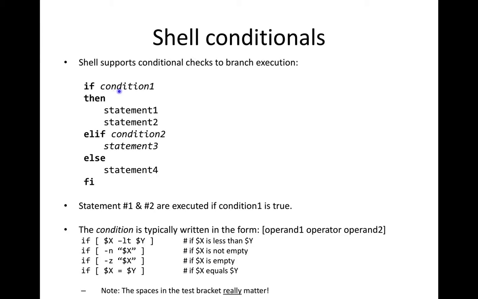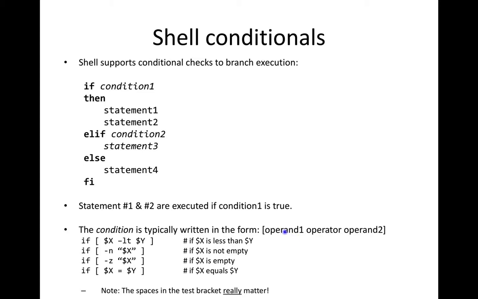So one of the key things to understand in these if-then-else statements is this condition statement. Sometimes we call this the condition test. The way we write this condition test is in this syntax, where we create the test within these square brackets.